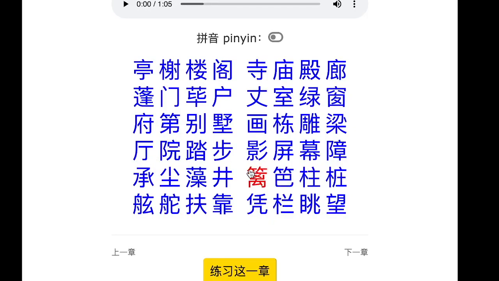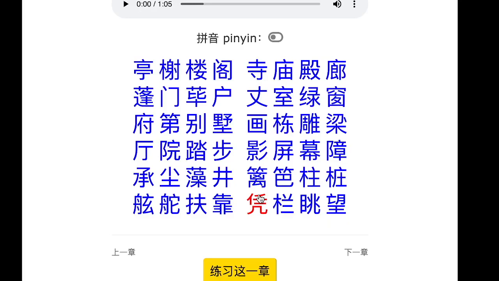So, 篱笆, a fence. 柱桩, referring to columns and pillars and posts. 舷舵, about the sides, the rudder of a boat, against which you can depend on, you can lean.